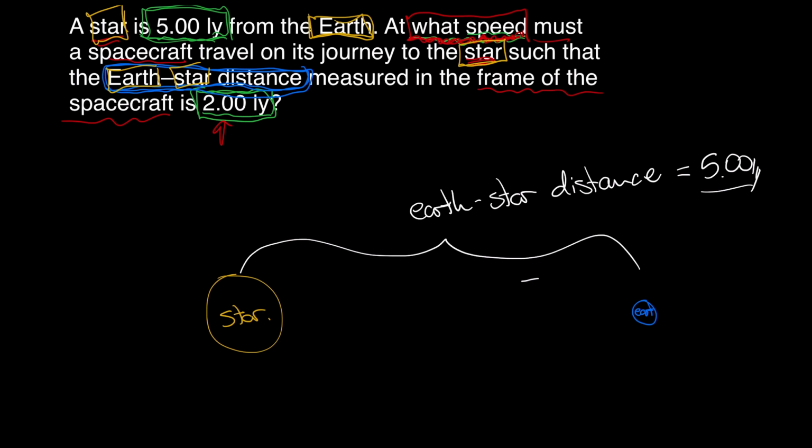So we have a spacecraft right here, right? Little spacecraft going this direction.